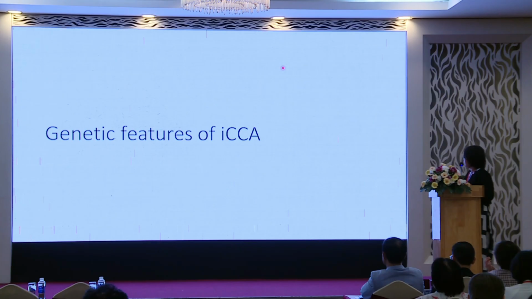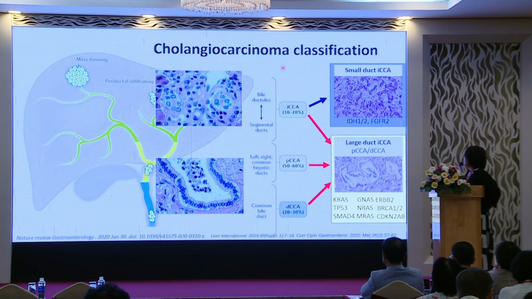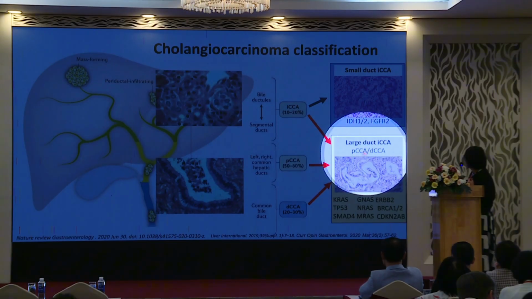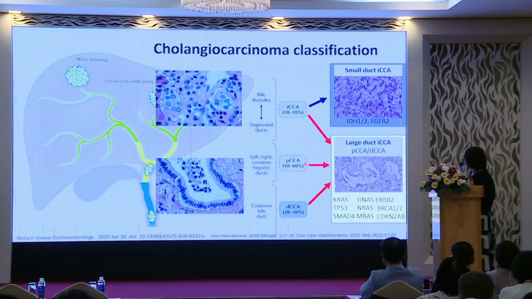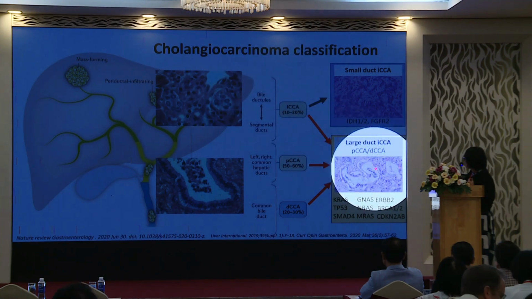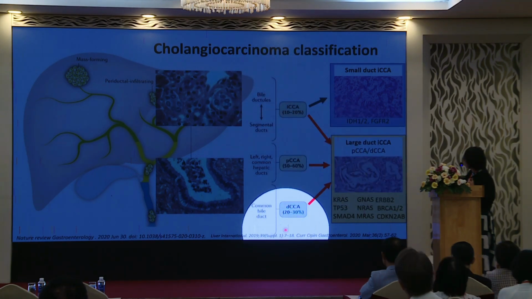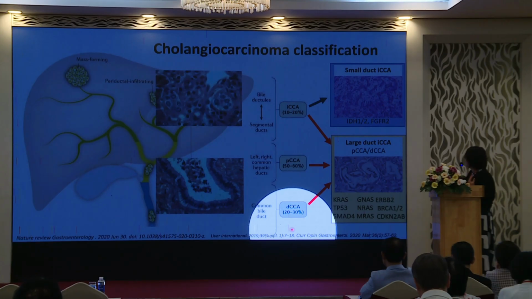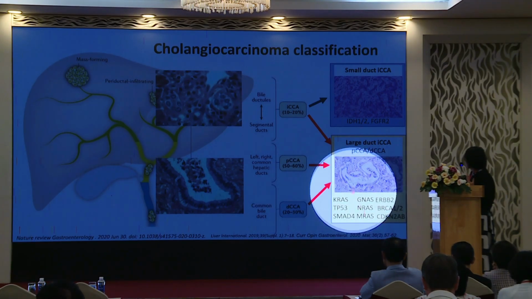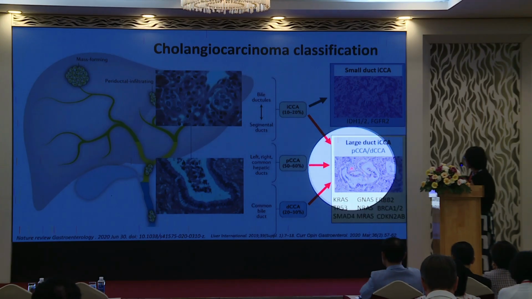And when you look at the molecular aspect, the molecular feature is completely different between small duct type ICCA and large duct type ICCA and perihilar and distal cholangiocarcinoma. In fact, the intrahepatic cholangiocarcinoma, large duct type, and perihilar and distal cholangiocarcinoma, and also pancreatic cancer share a similar molecular profile, same as the histological aspect.